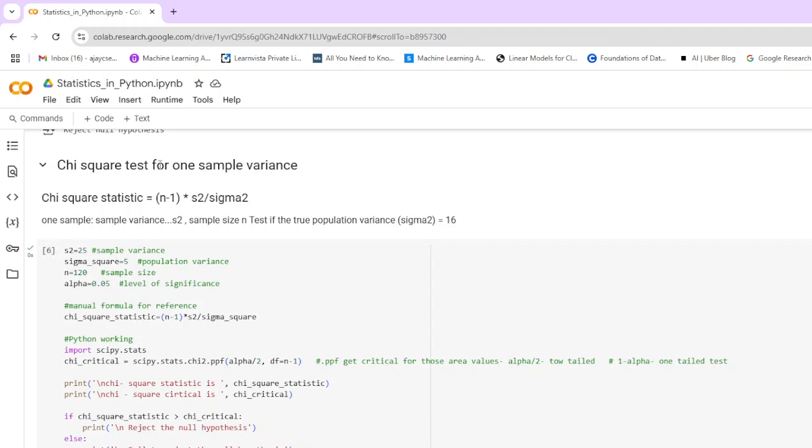Now we are going to consider the chi-square test for checking on the variance.